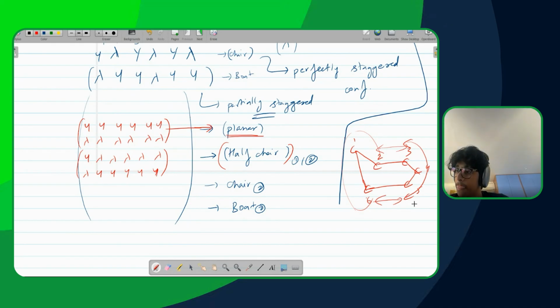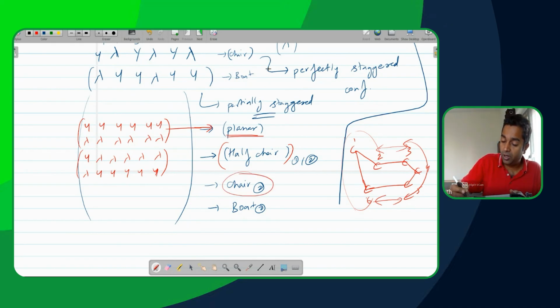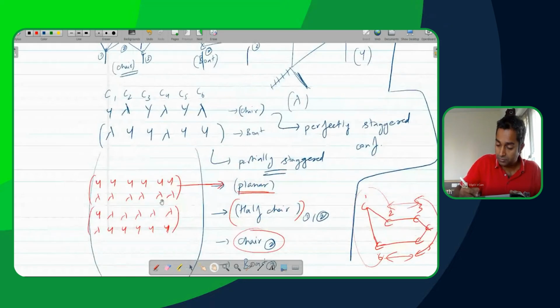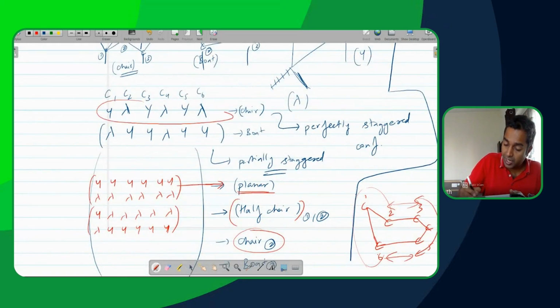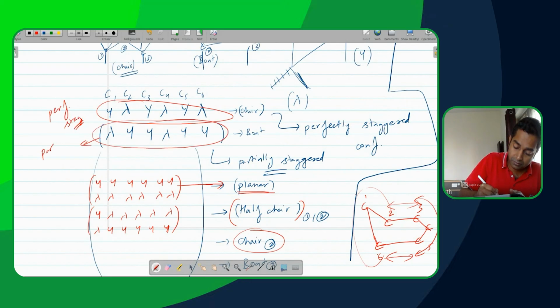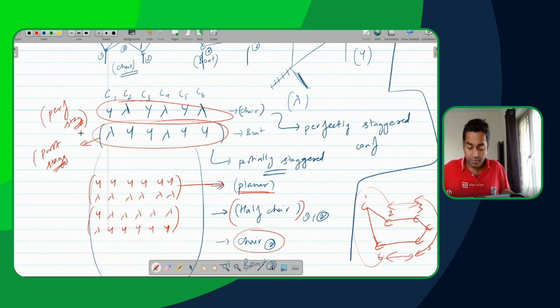So chair is the one we just talked about here. This guy is your chair, perfectly staggered, whereas your boat is going to be partially staggered. I'm assuming these two are reasonably clear now.